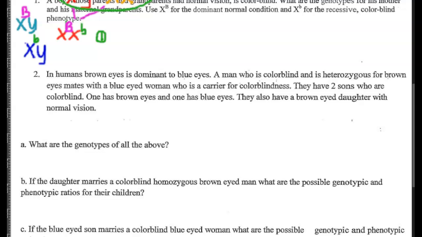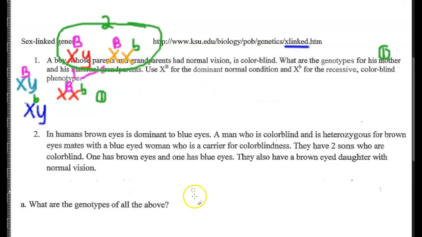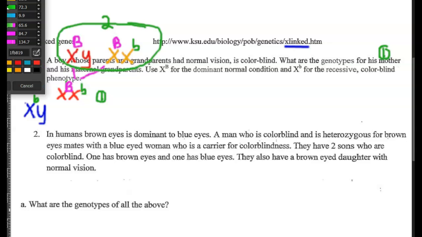Humans, brown eye is dominant to blue eyes. So look at that. Take a picture of it or something. And this will also be on your lab exams, things like this. Humans, brown eyes. Let's see a brown color.